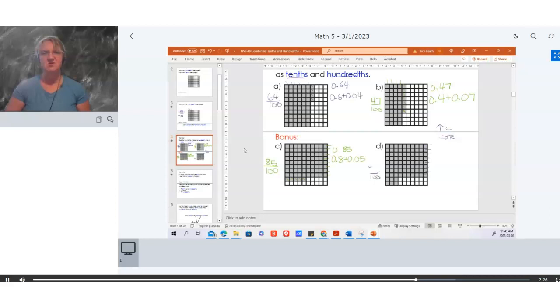So out of 100, we have 80, 81, 82, 83, 84, 85, 86. So we're going to end up with 0 and 86 hundredths, or 0 and 8 tenths plus 0 and 6 hundredths.